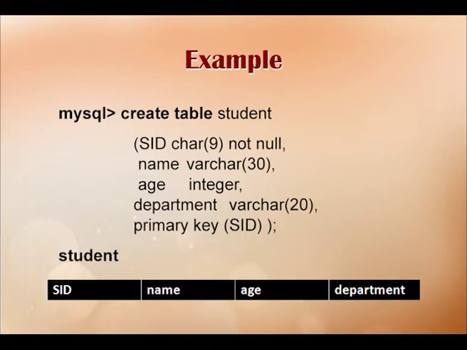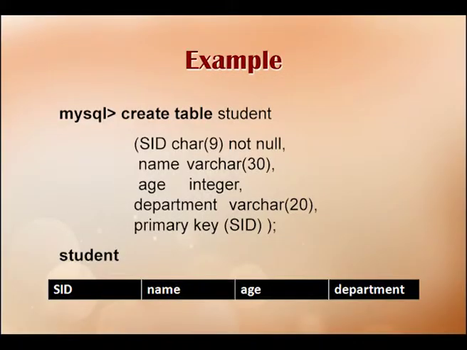Then age integer, department, and then here you can see I am giving a key constraint, a primary key constraint. I am keeping the primary key as student ID. So, student ID will be the primary key for this table. Below you can see a student table is created with the following fields: SID, name, age, and department. This is how it goes.